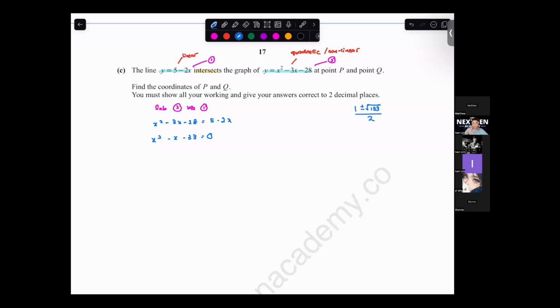Go ahead and change it to decimal places because they want you to. So you write the x value here, 6.27. Then the other one is negative 5.27.